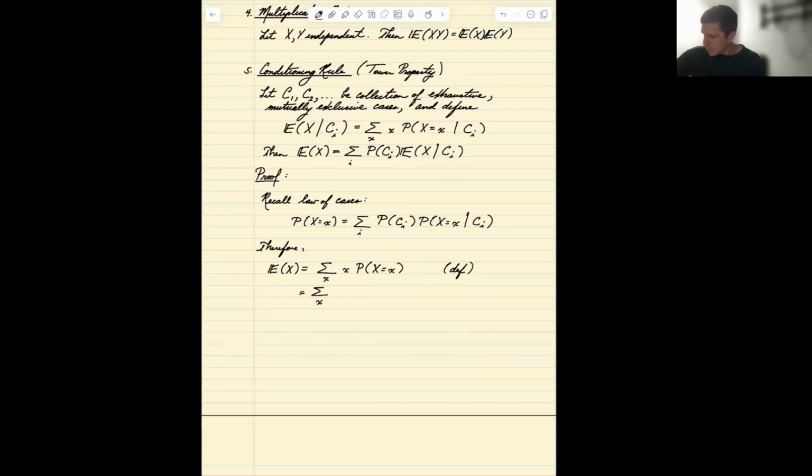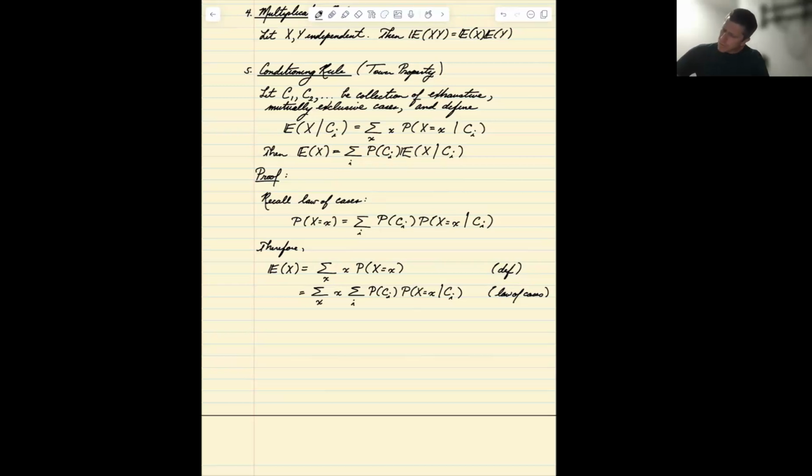Here we can substitute in the law of cases for the probability that X is equal to x.